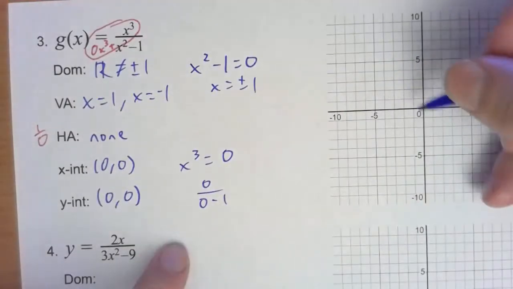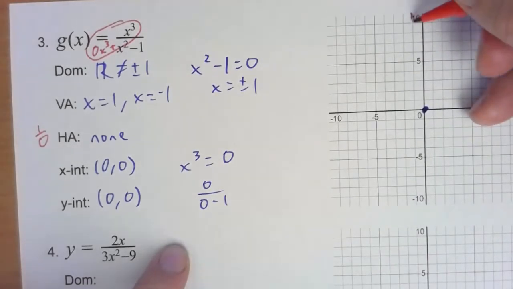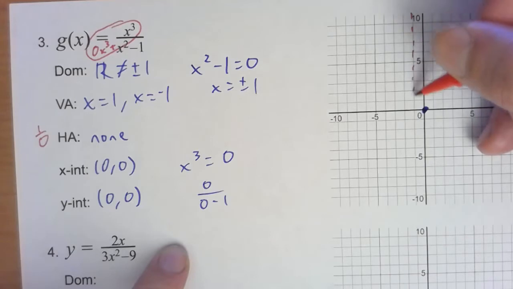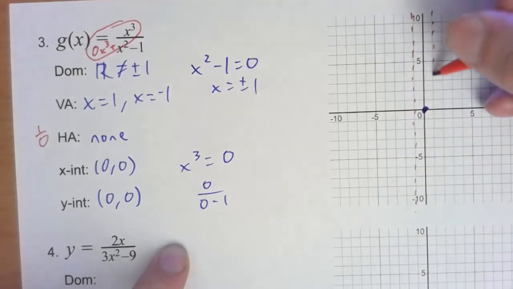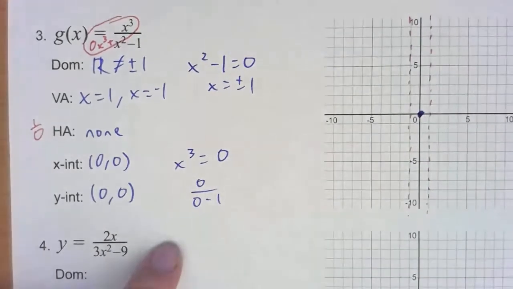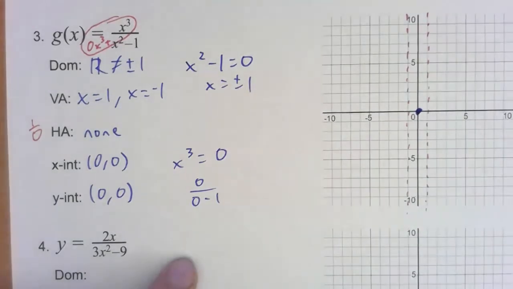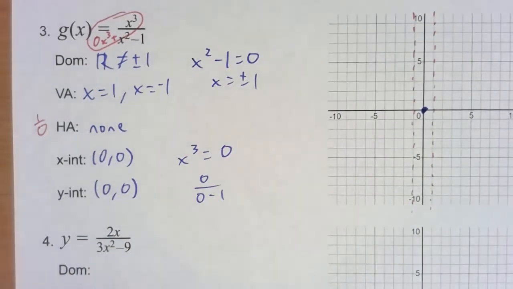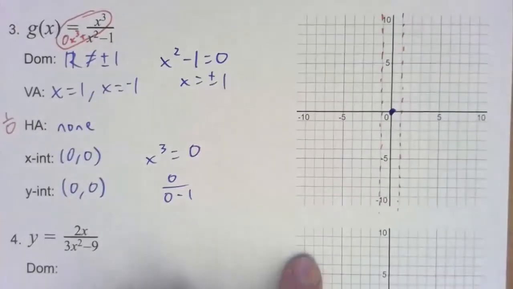Okay, so we've got this point right here. And then we've got a vertical asymptote on the left, and we've got a vertical asymptote on the right of that point. And that's all we've got. So again, with matching, you could do process of elimination to figure out which ones have those features.